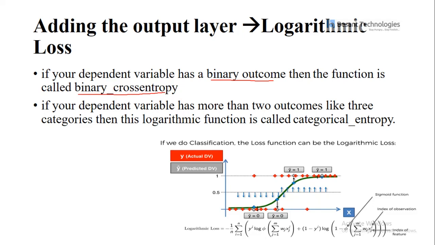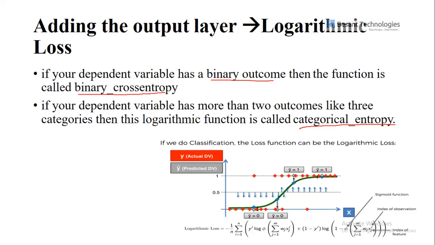If your dependent variable has more than 2 outcomes, then it is known as categorical cross entropy. Here we have a binary outcome, so we need to choose binary cross entropy. This is the actual output and this is your predicted output.